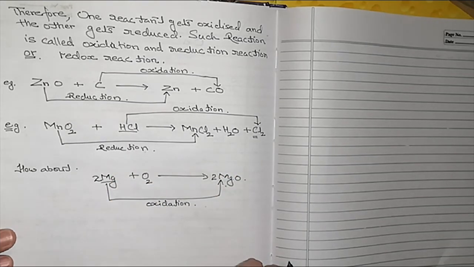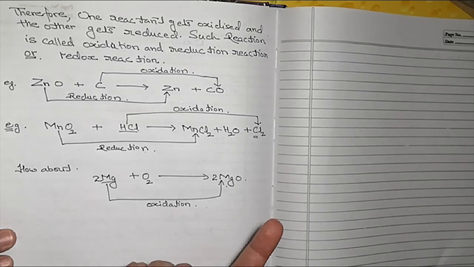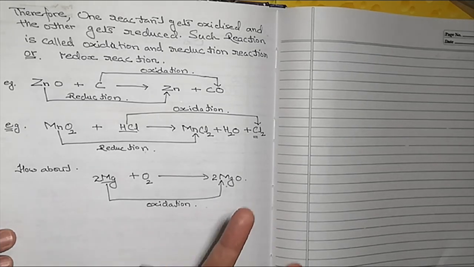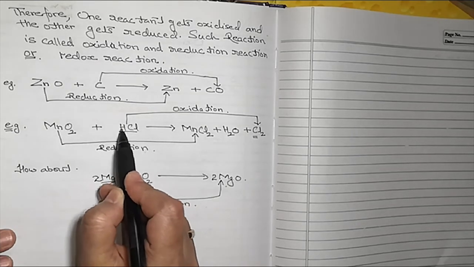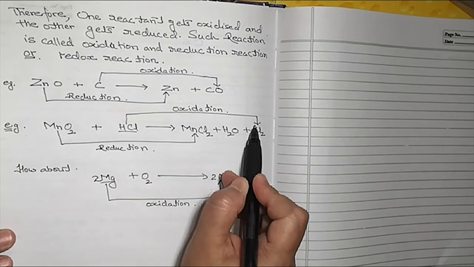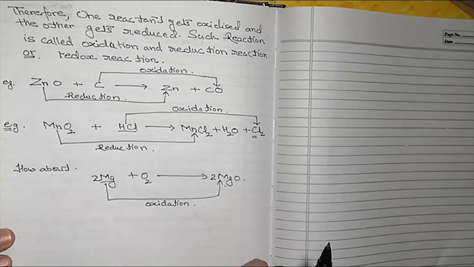If you remember, we did that addition of oxygen or losing of hydrogen is oxidation, right? So this is an oxidation reaction. So these two are examples of redox reactions given in your book, children.